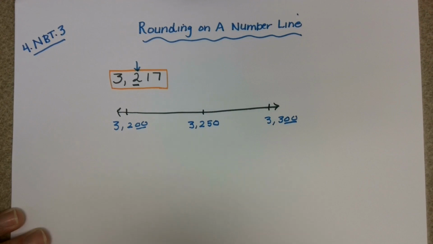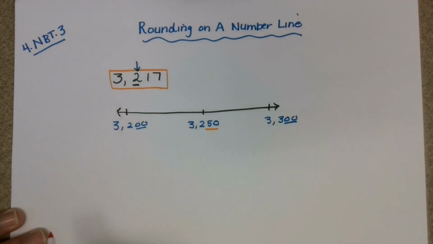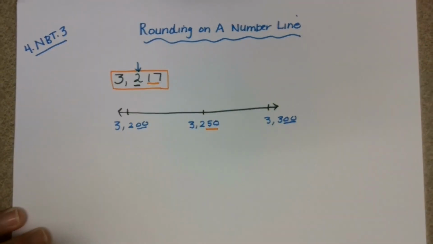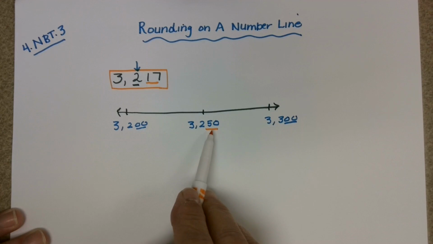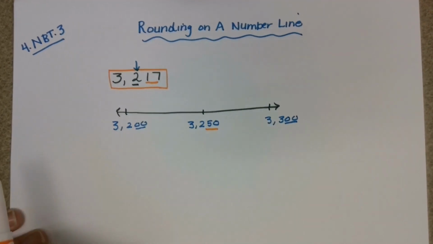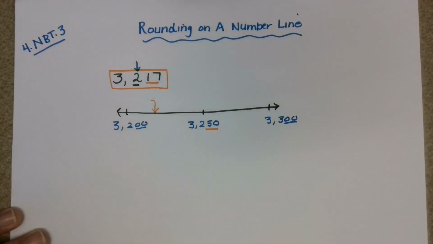In the midpoint specifically, I'm looking at the two numbers to the right of that underlined value. So up here in the number, it's 17. In my midpoint, it's 50. So is 17 greater than 50 or less than 50? Well, I sure hope you are saying it is less than 50.